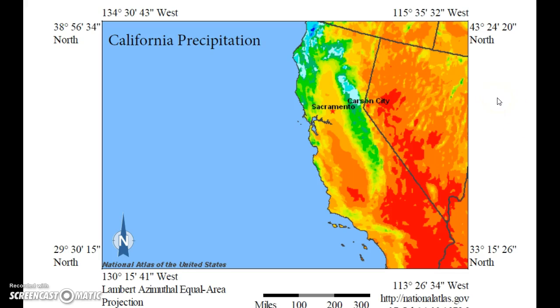Here you would have to refer to pressure belts, global pressure belts. Basically, the southern part of the state is under the influence of subtropical high pressure systems or pressure cells, and high pressure does not allow for precipitation.